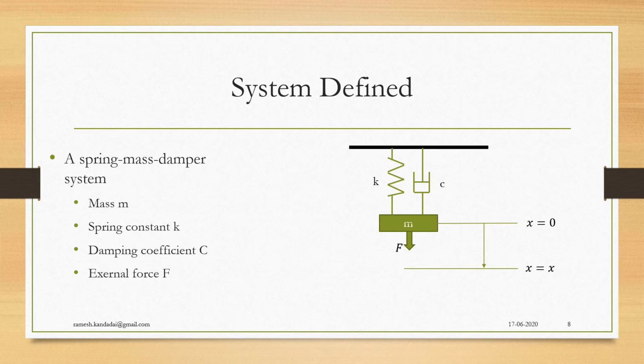All these systems typically contain four components. One is the inertial set of forces which are caused by the mass of the system. Second is the stiffness, that is the rigidity or the corresponding flexibility of the system.